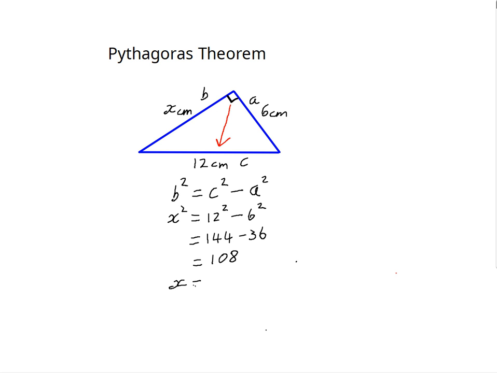So it's the square root of 108. When you put that in your calculator, it comes out at 10.392, and then loads of other decimal places. And I'm going to round that to one decimal place and say 10.4 centimetres. Okay.